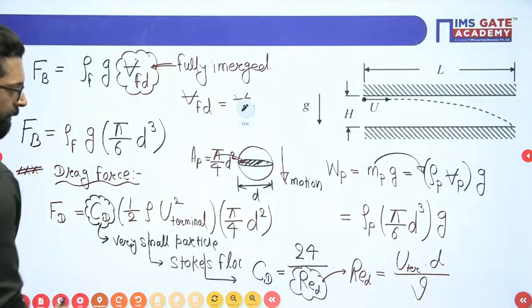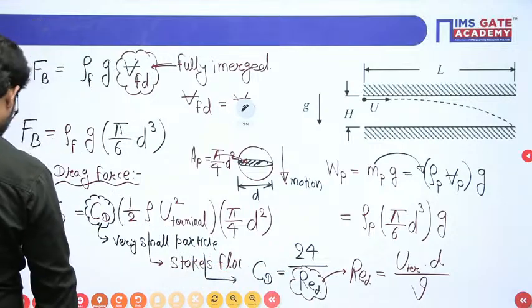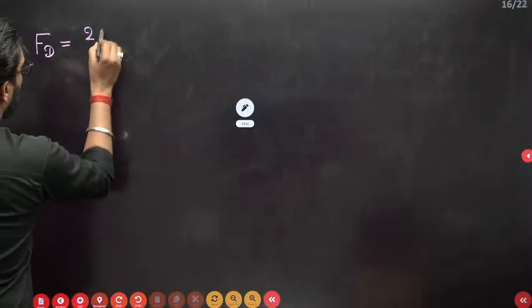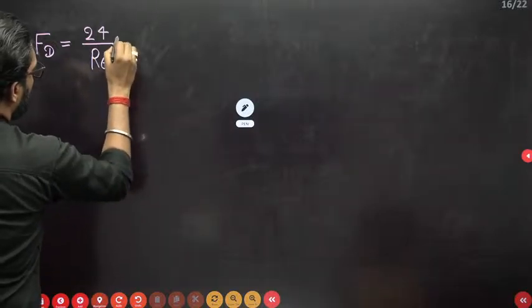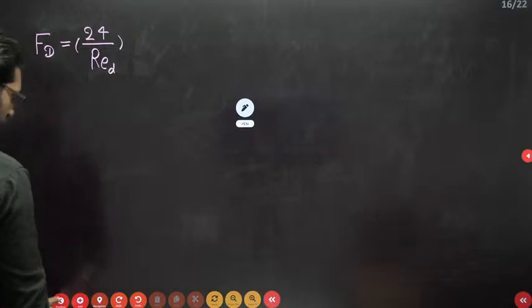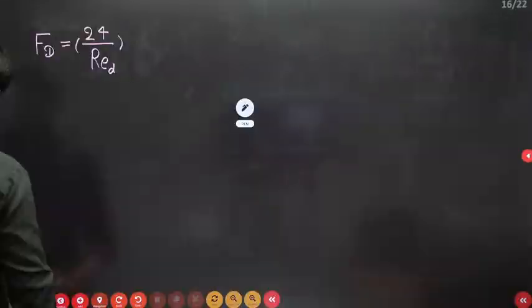CD is 24 by Re, 24 by Reynolds number based on diameter, times half rho U terminal square.